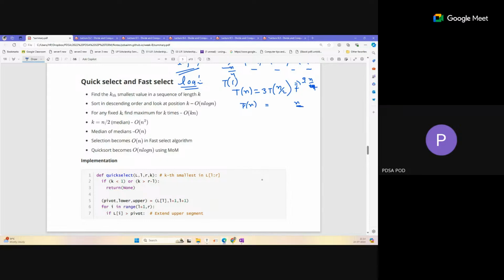After that we have two calls T(n/2) and T(n/2), and the size is also divided by 2. So the number of operations required for the merge part is n/2 at this call and n/2 at this call.